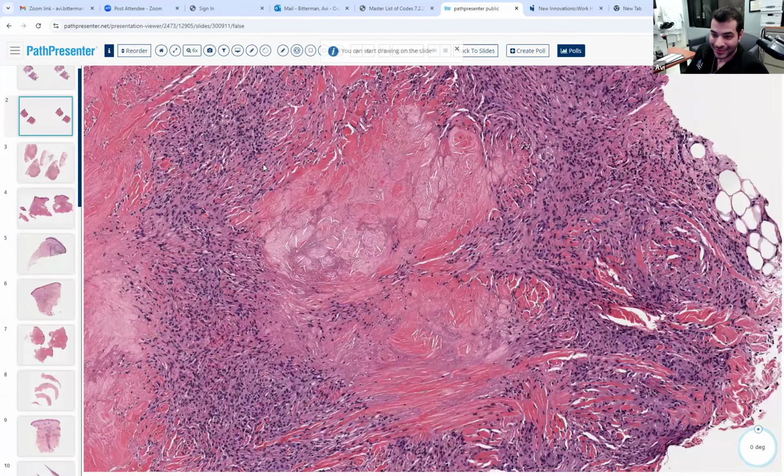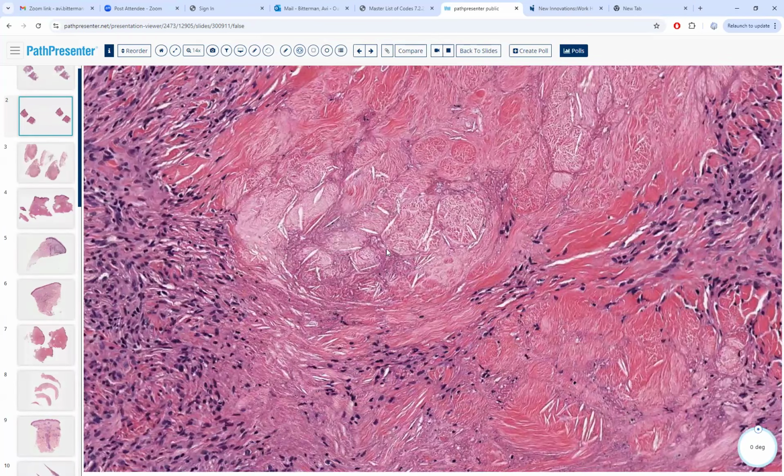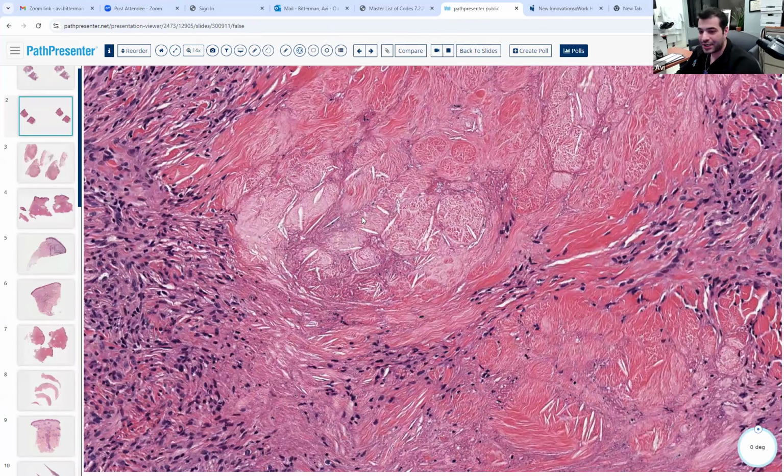What's different here? You can see the cholesterol clefts in there. Dr. Phelps taught us a new word, by the way. He calls these acicular, which is a fancy word for needle-like. Anyway, cholesterol clefts.